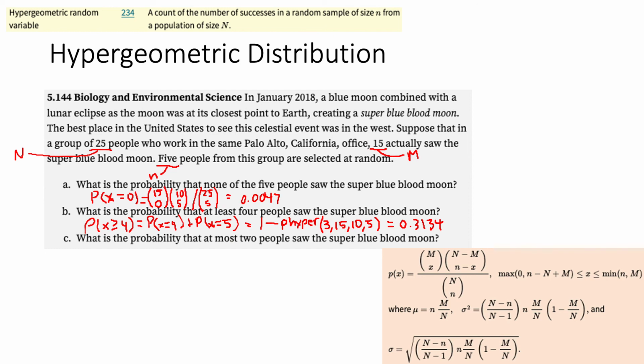Okay. And then last, what is the probability that at most 2 people saw the super blue blood moon, so this is the probability that x is less than or equal to 2, which we can just kind of put directly into our p-hyper command.